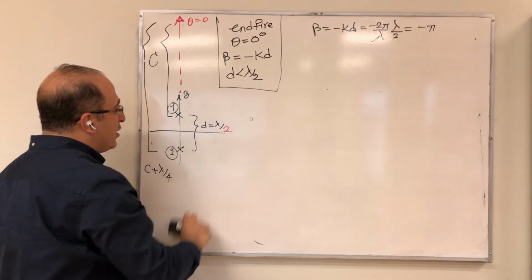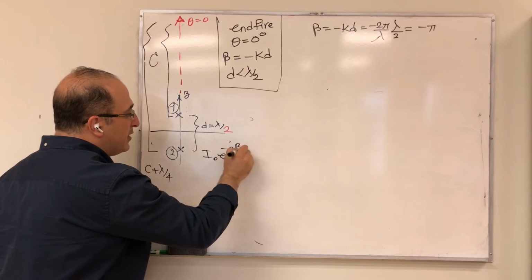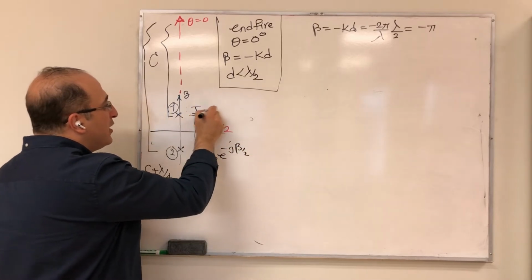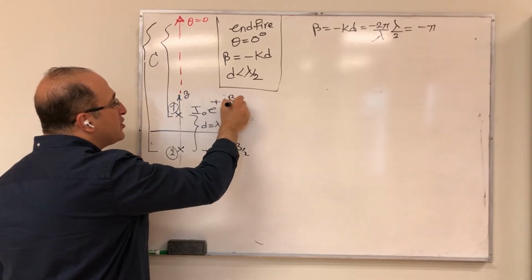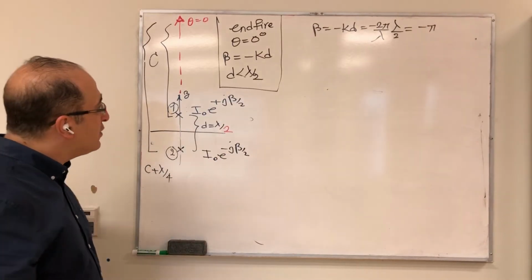Therefore, let's go again by our initial thing, I naught e to the power of minus j beta divided by 2, and I naught e to the power of plus j beta divided by 2. So the phase difference is beta, the electric phase.